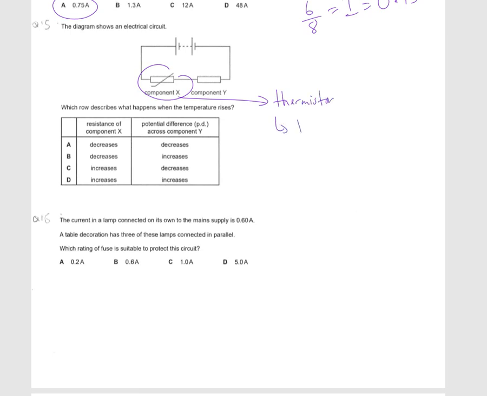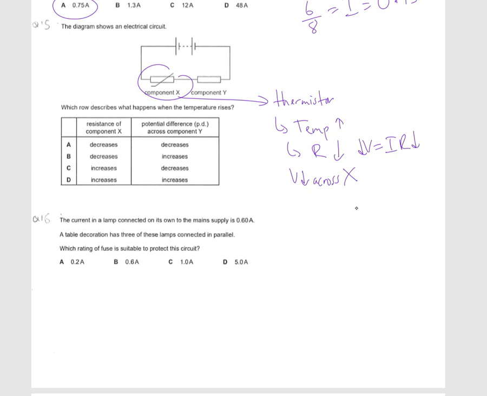Now, for a thermistor, if the temperature goes up, then the resistance goes down, so it is inversely proportional. Now, there are two options, A or D. If resistance goes down, we know that V equals IR, so if R goes down, V goes down across X.